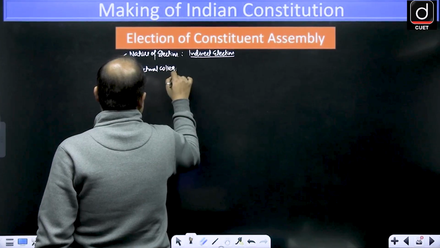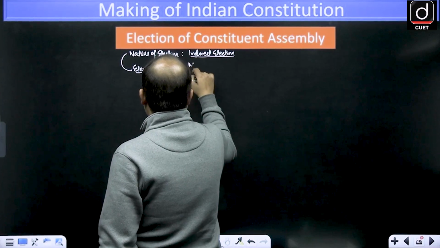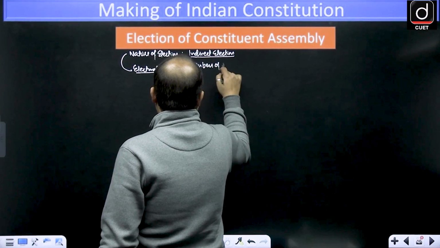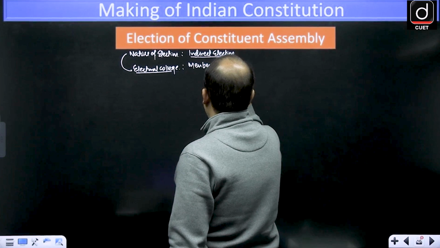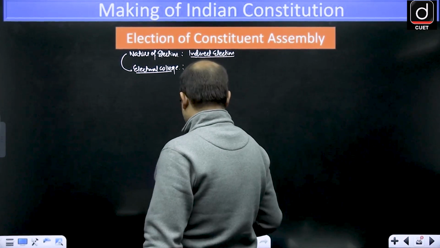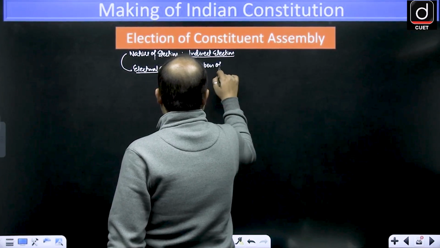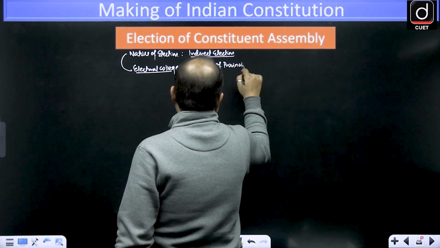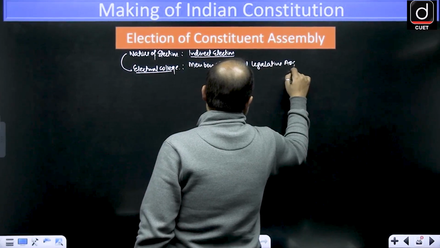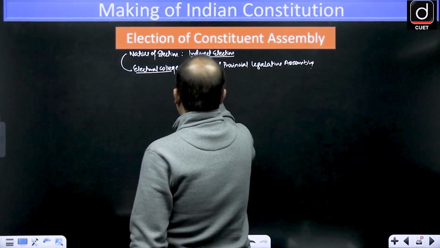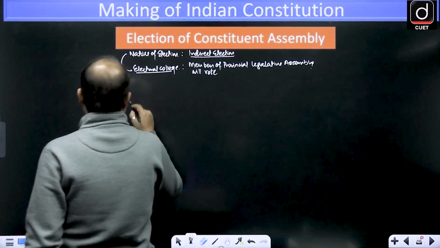The electoral college was the members of the provincial legislative assemblies. The members of the provincial legislative assembly will vote.